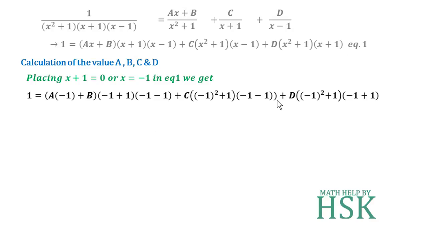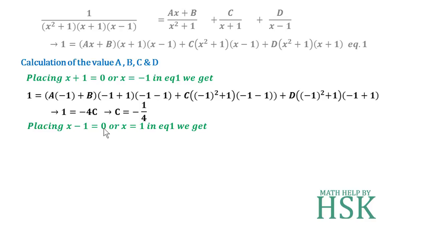What you have to see here is that because we have placed x equal to minus 1, this term has x plus 1, this term has x plus 1, so the terms containing a, b and d will become 0, so there is no need to look for them, and we get 1 is equal to minus 4c. You can check that this is 2 into minus 2, which is minus 4, so 1 is equal to minus 4c, or c is equal to minus 1 by 4.